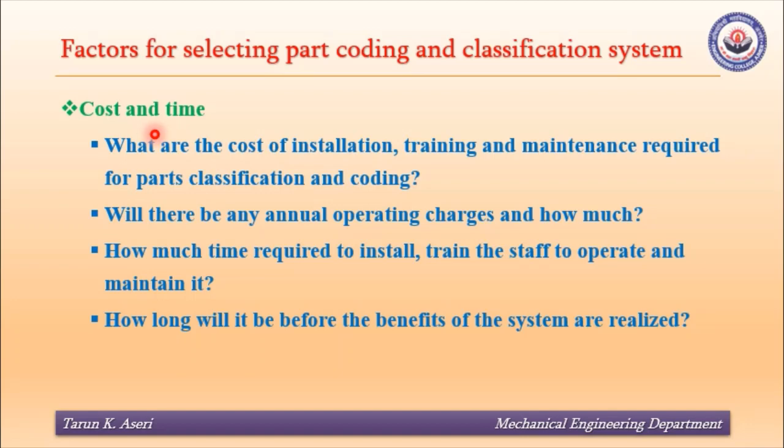Cost, such as the cost of installing that system in the production house, training required for the employees, and maintenance required for that system. In general, the part coding or classification system is a software or a customized software. Now, if we buy software, there will be annual operating charges. If there are, how much will they be, and will my factory be able to bear them?